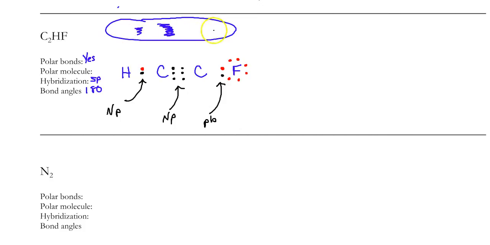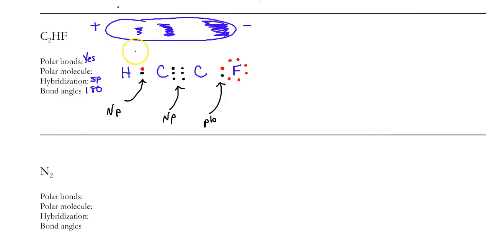Carbon and hydrogens are nonpolar, but fluorine pulls that pair between the carbon more this way. So fluorine has more electron density at the end. This makes the molecule a little bit negative on this side, and because this side doesn't have the same density, a little bit positive. And that polarity means the molecule is polar.